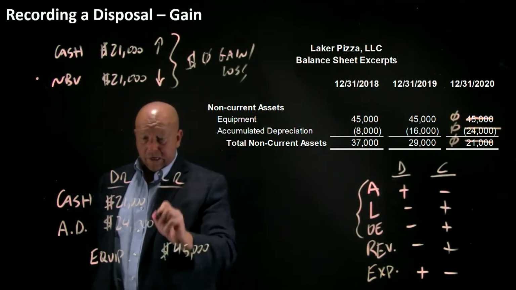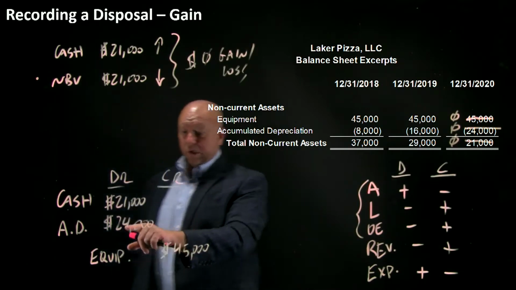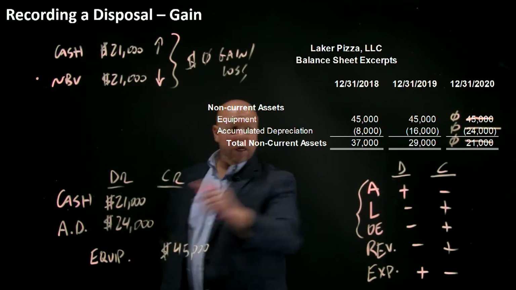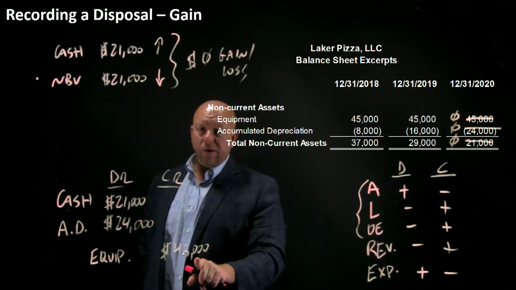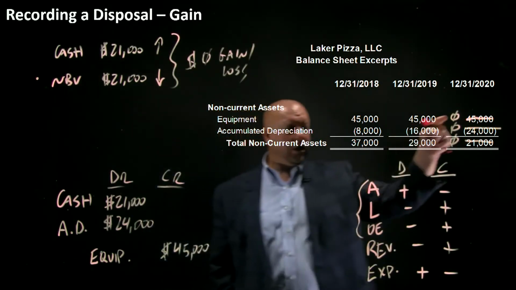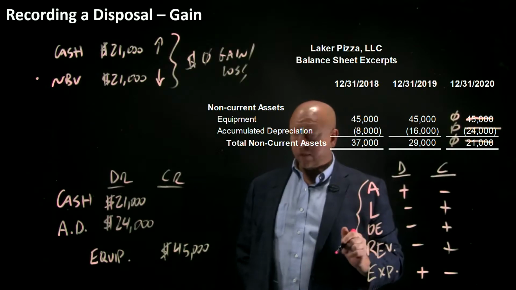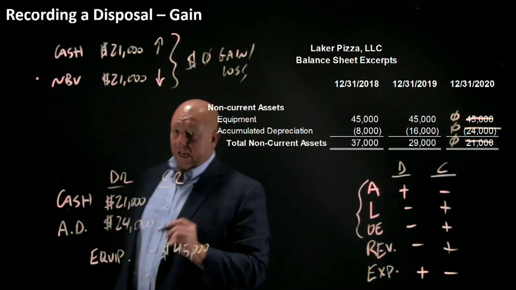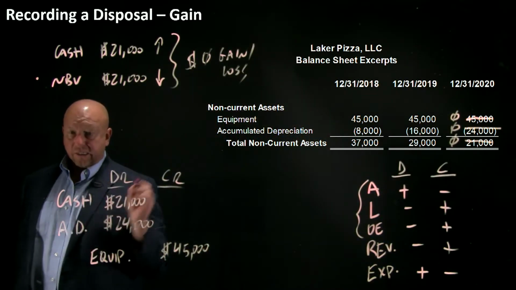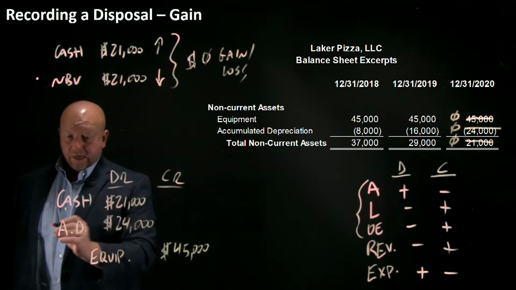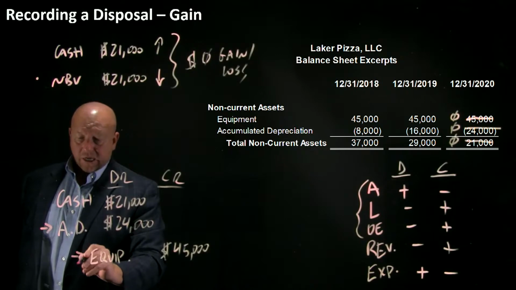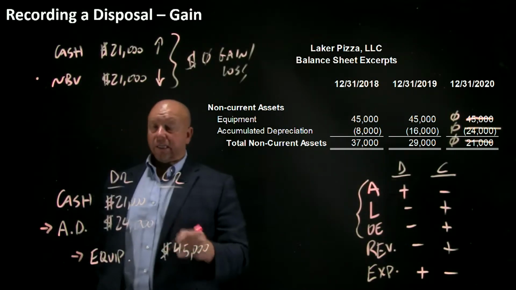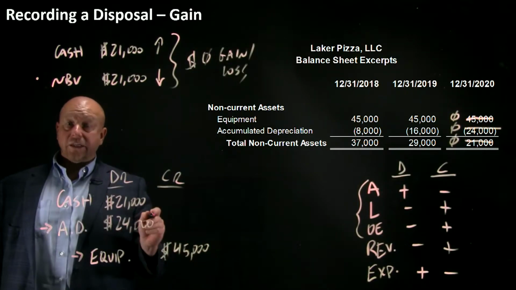Making a debit entry to accumulated depreciation for $24,000 will erase this 24 grand. Making a credit entry to equipment for $45,000 will erase this $45,000. So any disposal transaction for this particular asset is going to involve this debit to accumulated depreciation and this credit to the asset account, equipment. That's not going to change.